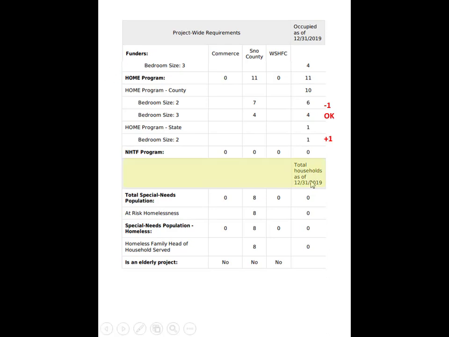Under the gray bar here, it will show special needs set-asides for funders other than the Housing Finance Commission. And you'll notice that it has requirements here. Okay, so Snohomish County is requiring 8 units for at-risk homelessness and 8 for homeless family head of household served. However, if you look at what's slated, you won't see any units slated there.